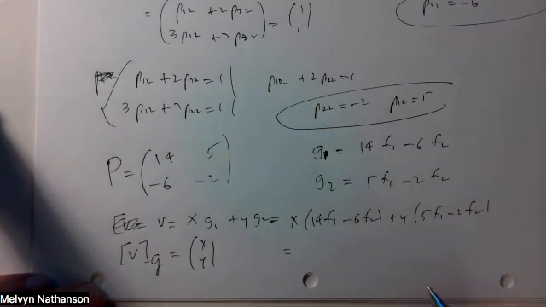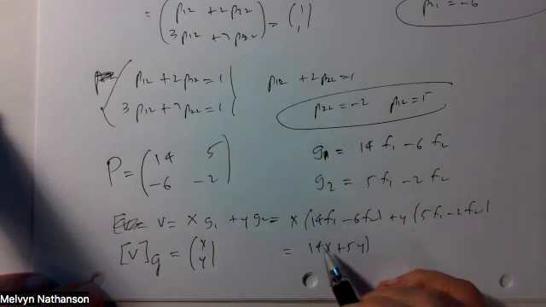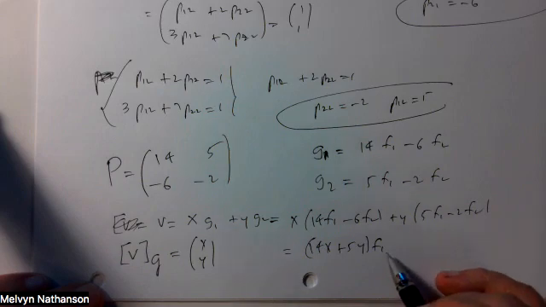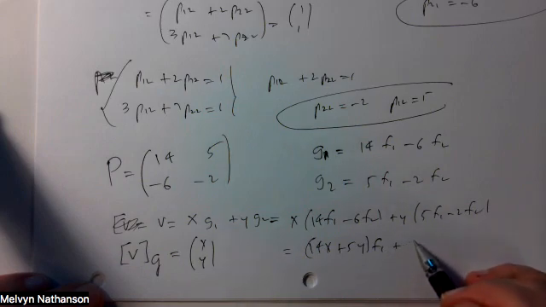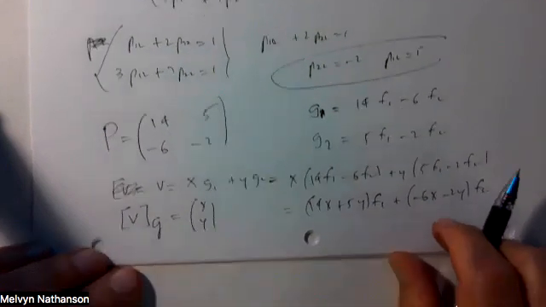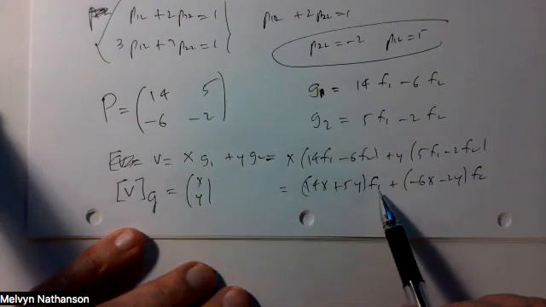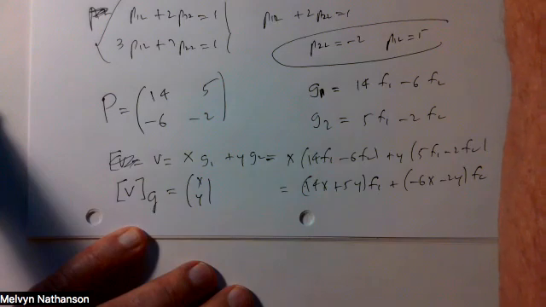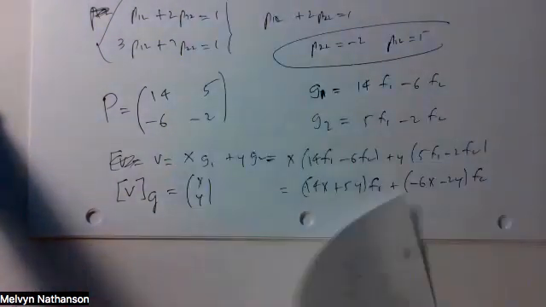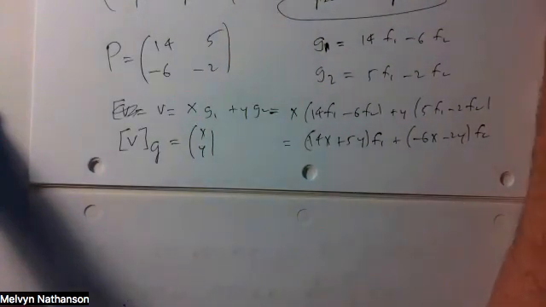This is equal to 14x plus 5y times F1 plus minus 6x minus 2y times F2. So here I've expressed the vector V as a linear combination of the vectors F1 and F2.